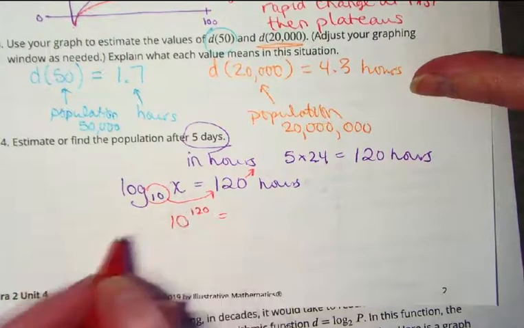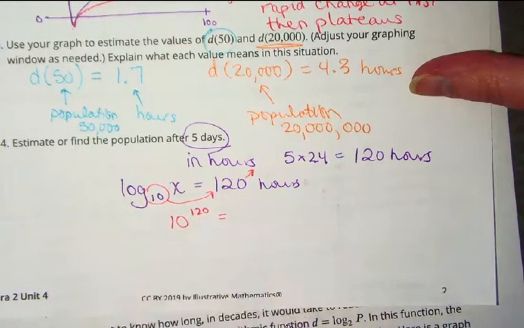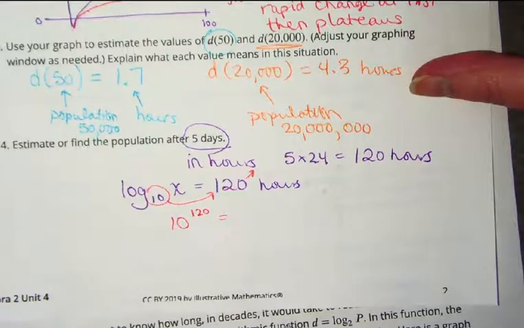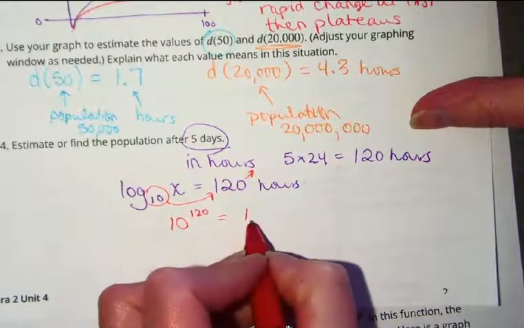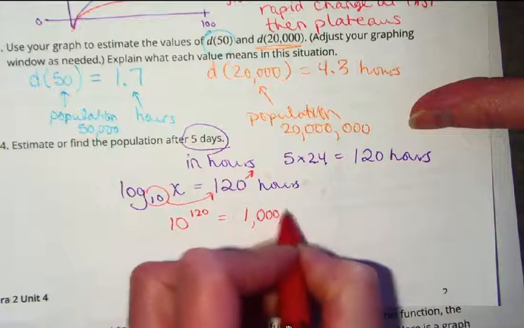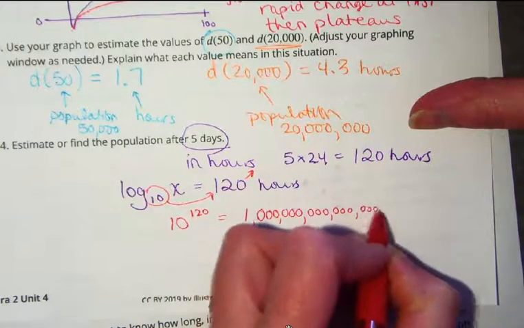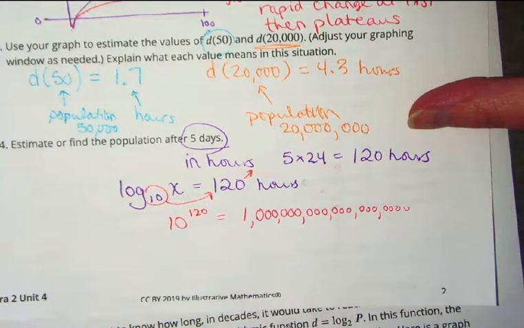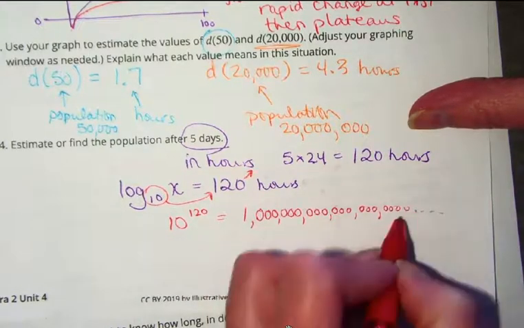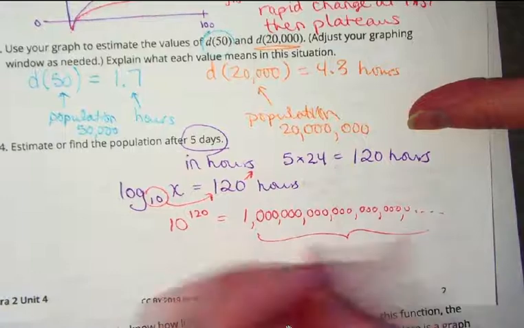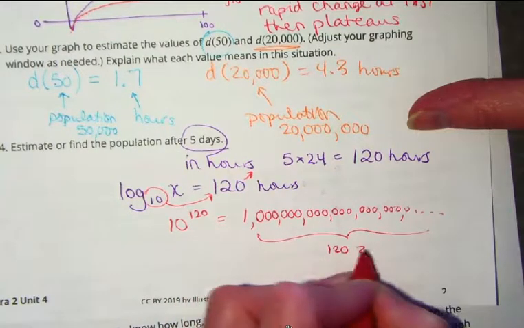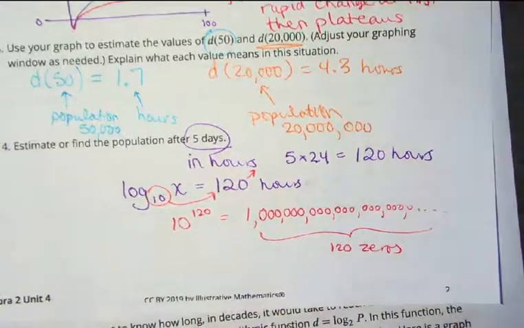I can tell it's going to be a huge number because it's a 1 with 120 zeros. I'm not really going to write out all of these, okay? We're going way, way, way out there. 120 zeros. That's a huge, huge number.